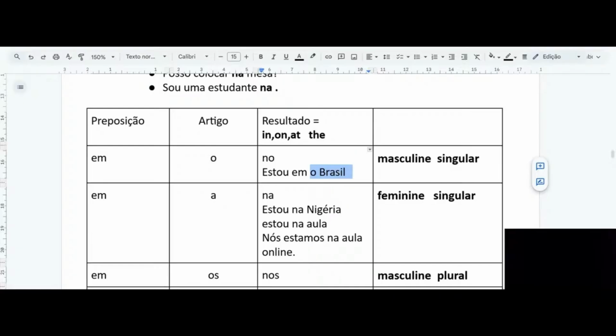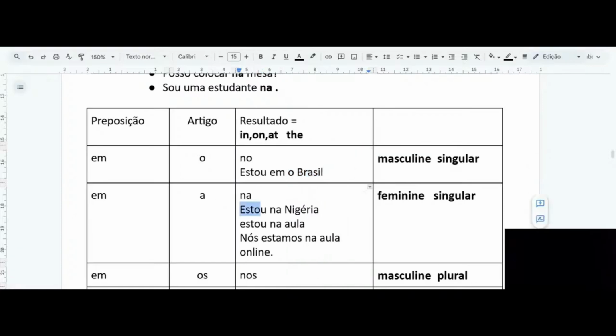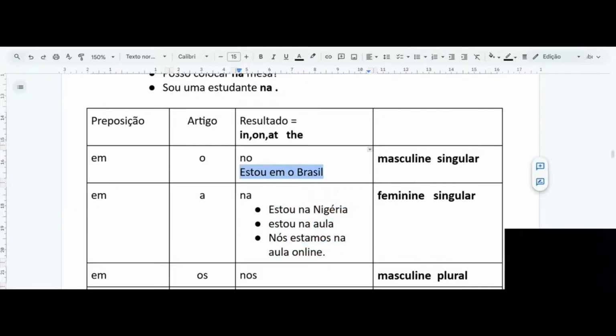Nigeria, as you can see, I don't know whether you're from Nigeria. If you're from Nigeria as your country, Nigeria is a feminine word, okay. How do you want to know if Nigeria is a feminine word? Last time, guys, I hope we studied how to identify words which are masculine.